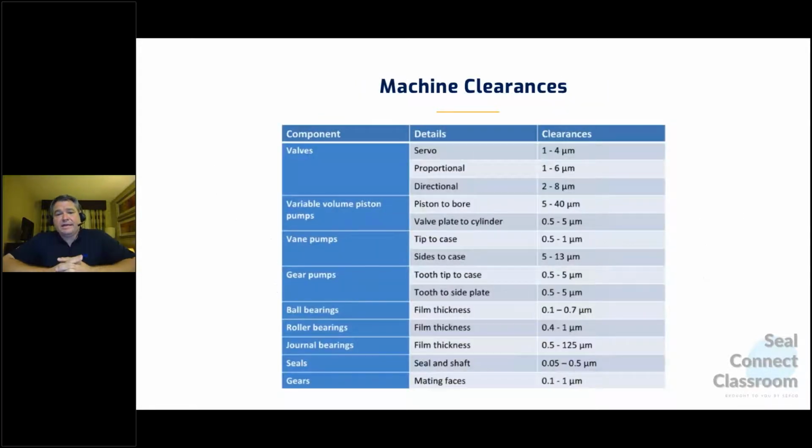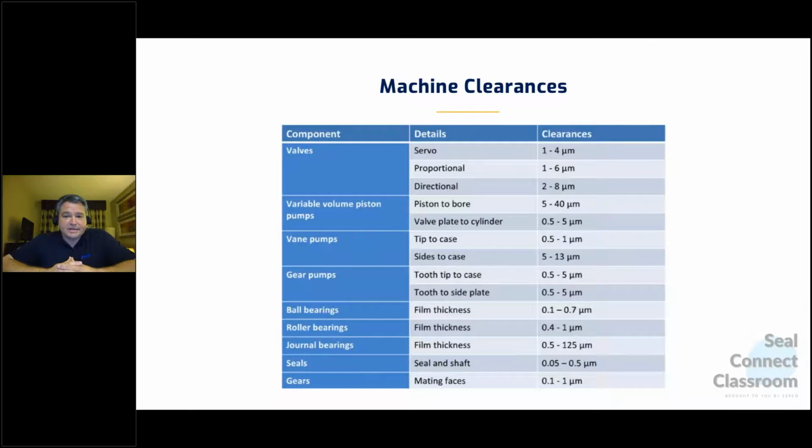So the next slide is a reference. This is just giving you an idea. There's a lot of these online. This is just a reference of machine clearances. When we talk about servo and proportional, directional valves in hydraulic systems, we've known for a long time that if there are contaminants, they don't last long.